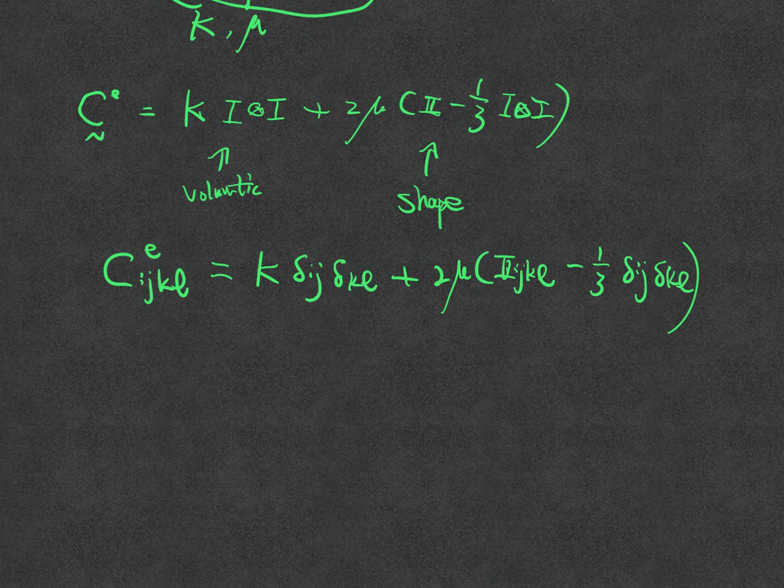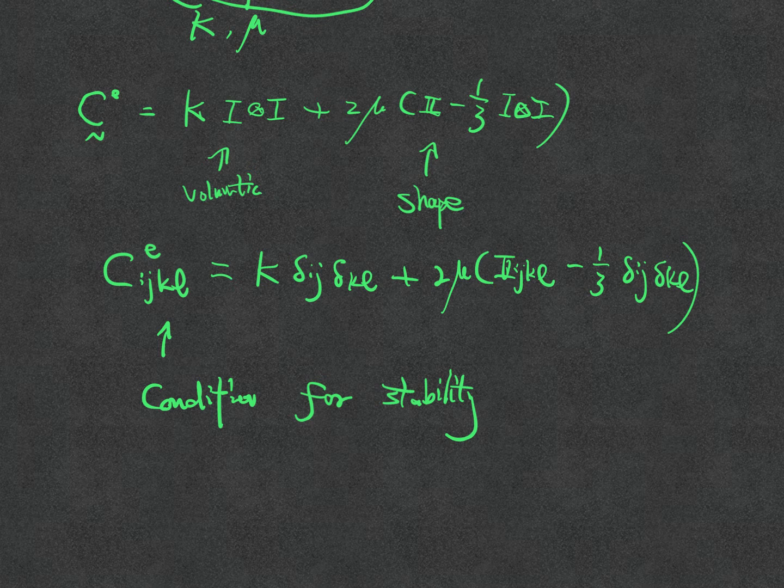Now, there is actually something very interesting on that. I don't know whether you learned that from the undergraduate course. So what makes the C^E positive definite? If a material is stable, when I say the material is stable, it means that if I provide a strain, it is guaranteed to store more energy.